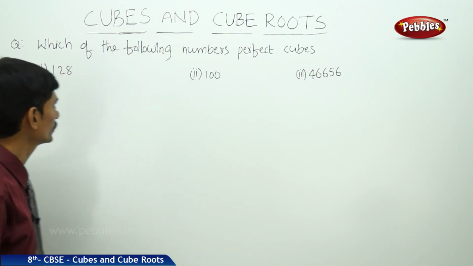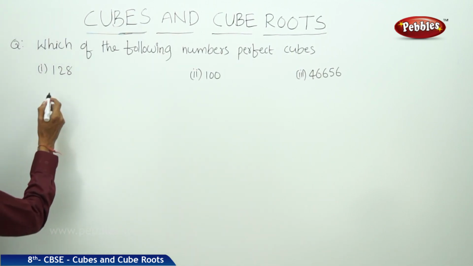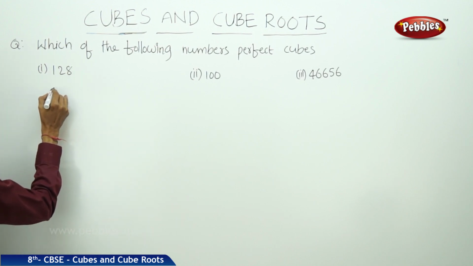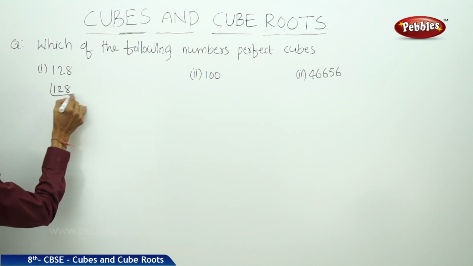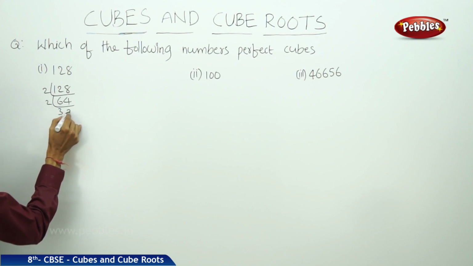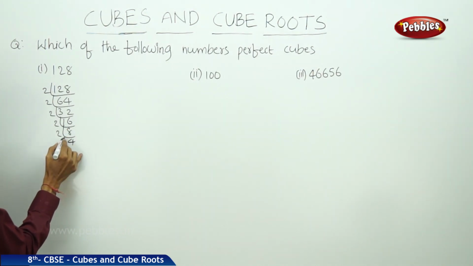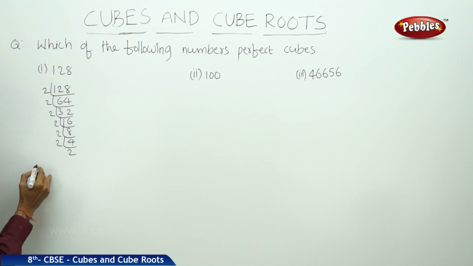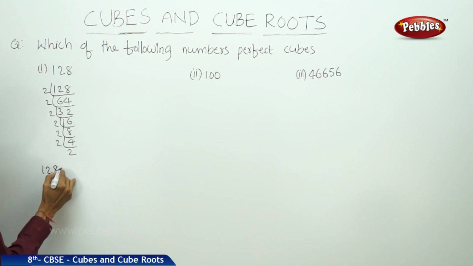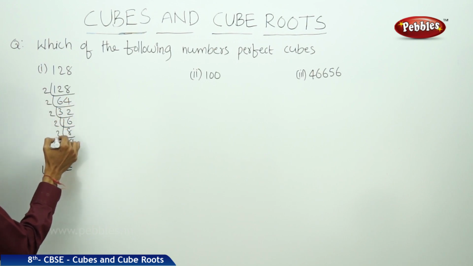Now let us solve a question. Which of the following numbers are perfect cubes? Now the first question, 128. If you factorize 128, 2 6s are 12, 2 4s are 8, 2 32s are 64, 2 16s are 32, 2 8s are 16, 2 4s are 8, 2 2s are 4. So we can write 128 equals to, how many 2's are there? 1, 2, 3, 4, 5, 6, 7.